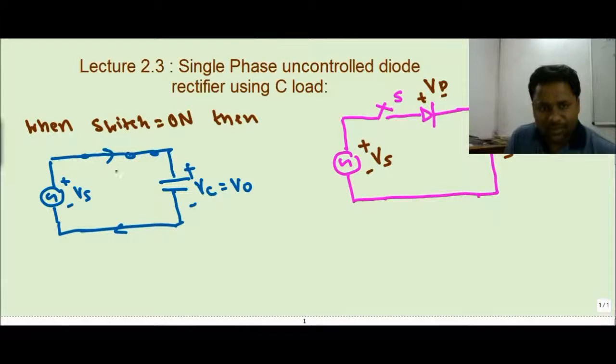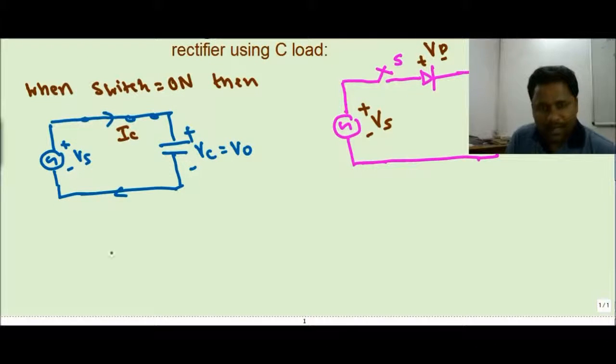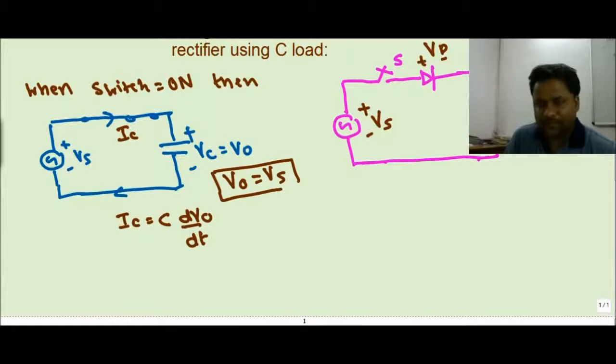And the current which is going to be flowing in this capacitance, we can say that IC equals to C dV upon dt. Here V is the output voltage, and as per this equation we can say that the output voltage is equal to the source voltage when diode becomes on.